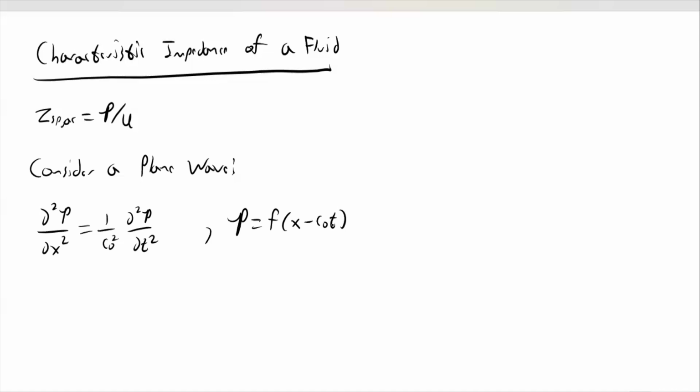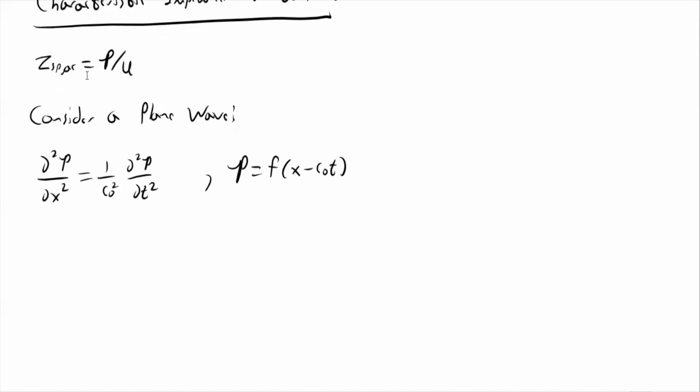Now, we're only considering here an outgoing wave rather than an incoming wave, or if you're in a 1D plane, waves traveling to the right rather than waves traveling to the left. Okay, and we'll see why at the end. So we want to solve for P over U. And so we need to find what U is.